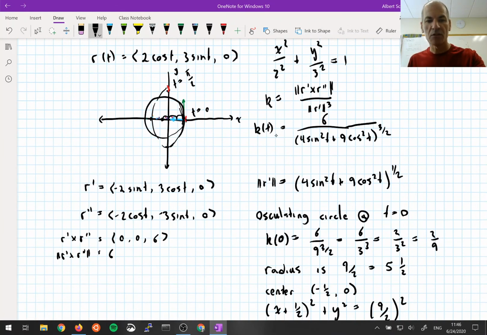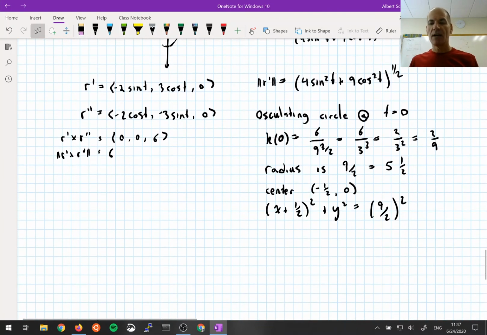So that's 1, 2, 3, 4, 4.5 units. That changes the center to be 2 minus 9 halves. That's 4 halves minus 9 halves, which is minus 5 halves. That's where we are, so we've got minus 5 halves here.